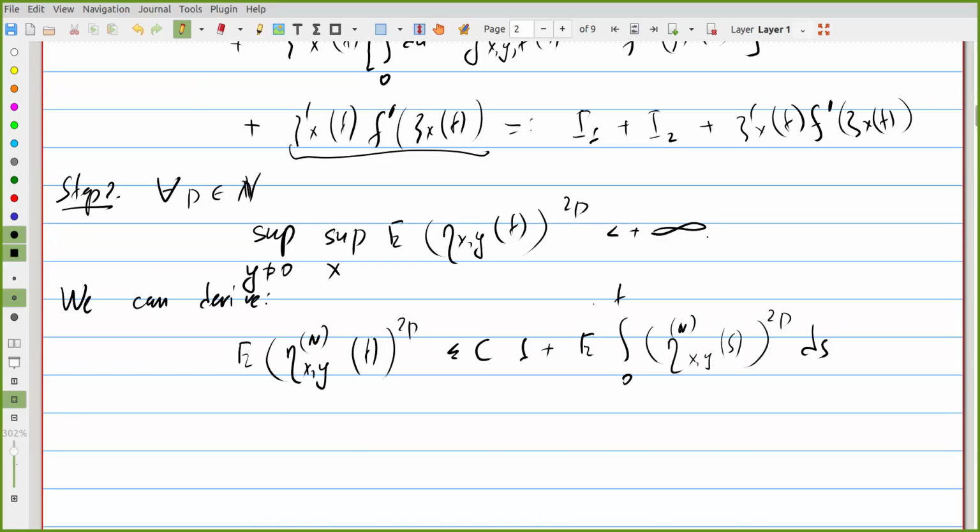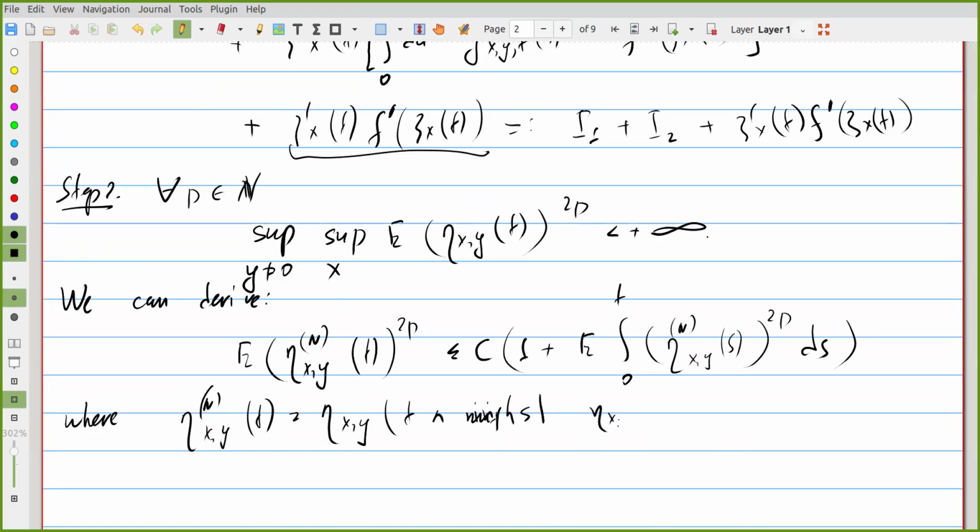This constant is going to depend on capital T for obvious reasons, where eta n xy of t is just eta xy stopped at the moment it hits the level n.